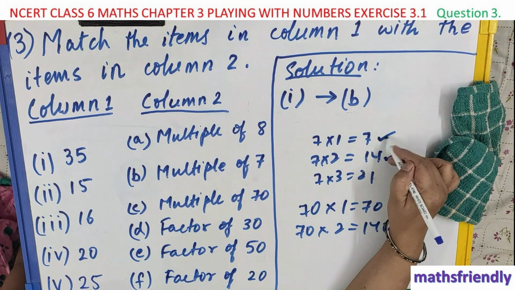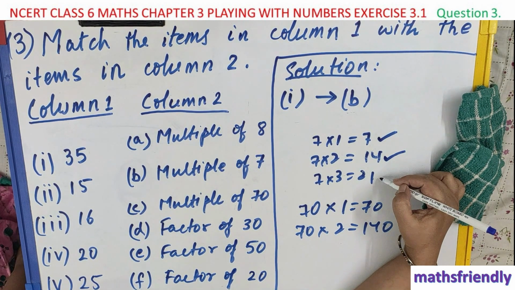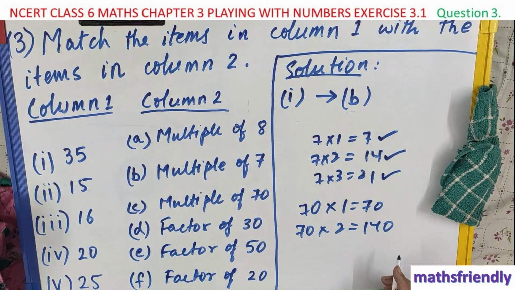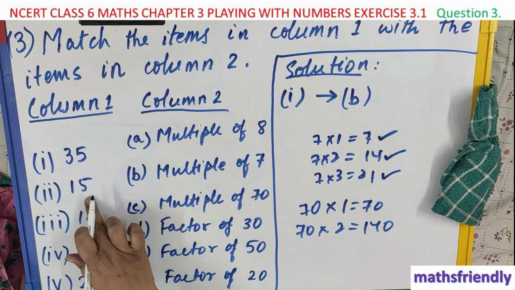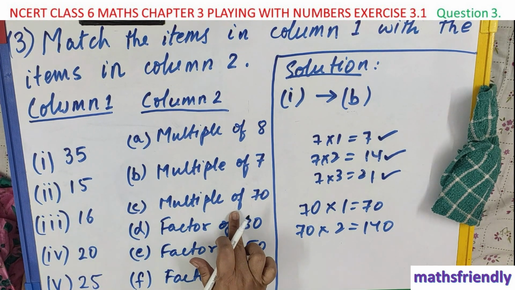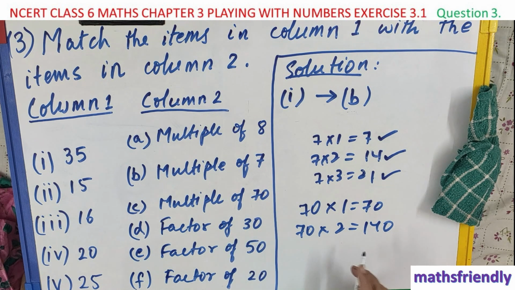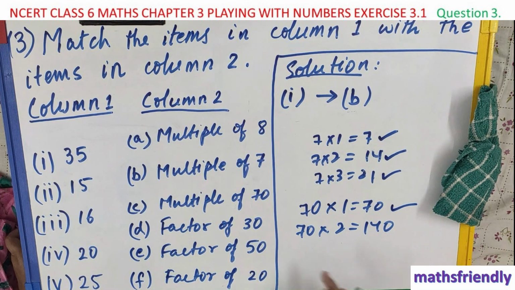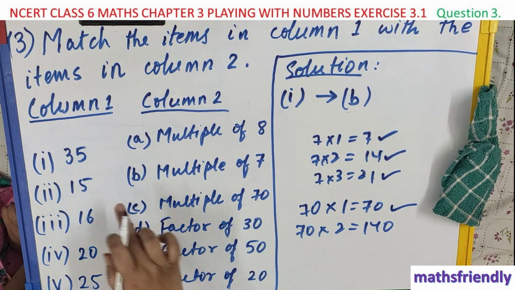These are the multiples of 7, so these numbers are greater than or equal to 7. So 15 cannot be a multiple of 70, because a multiple of 70 should be either 70 or a number greater than 70. So this is also not going to be the option for this.